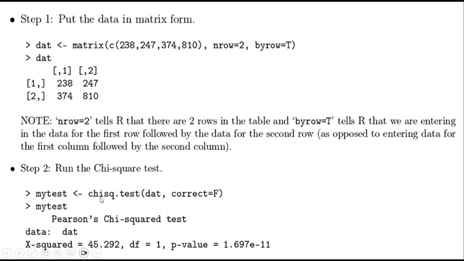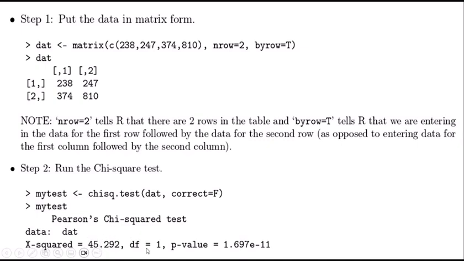You're always going to write this. Then your data, the name of the matrix that you generated from the data. You're going to put correct equal to F. This is the R output now. The R output is trying to tell you your chi-square test statistic value is 45.292.